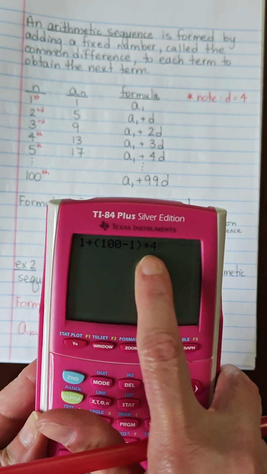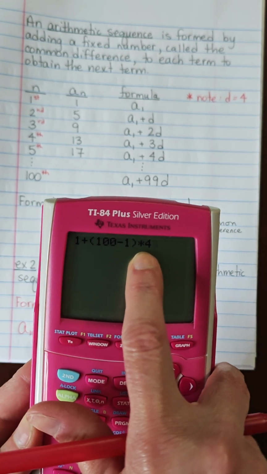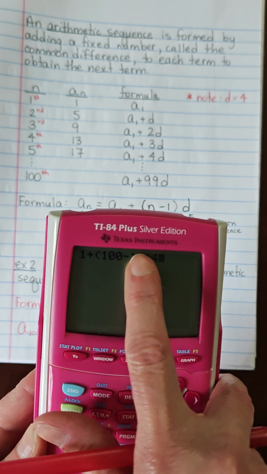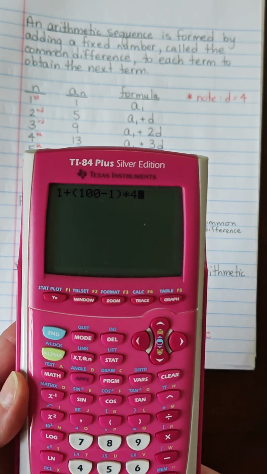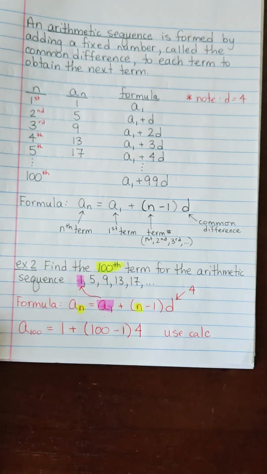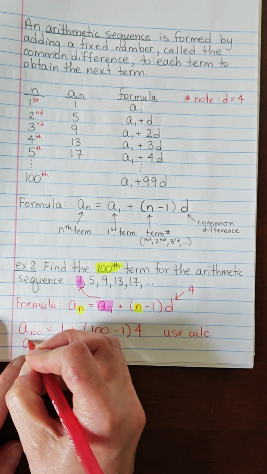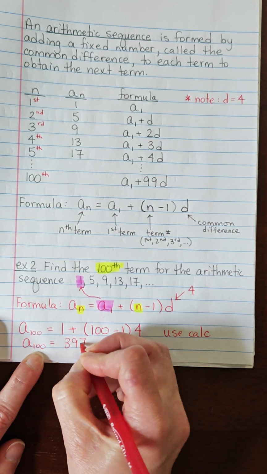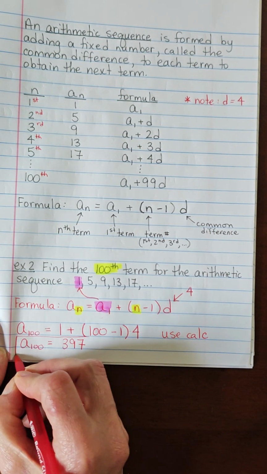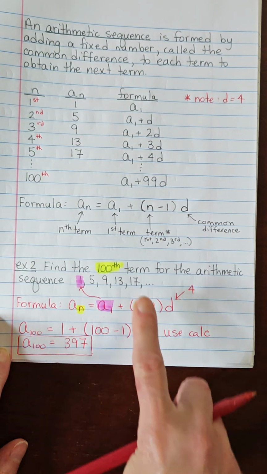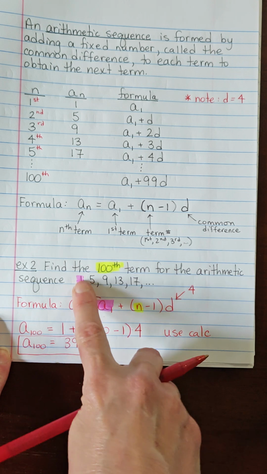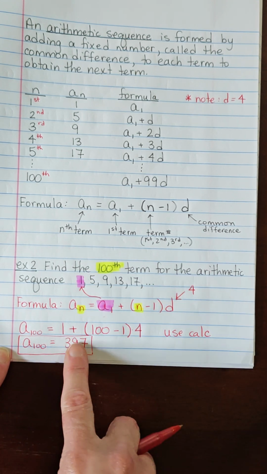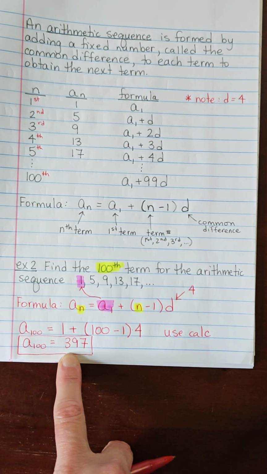Now, most calculators, you don't have to put the times. It knows that that's multiplication by those parentheses. Just habit of my own. All right, so I get 397. So I have A sub 100 equals 397. There we go. That means the 100th term of this sequence is 397.